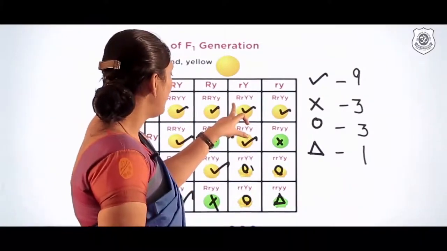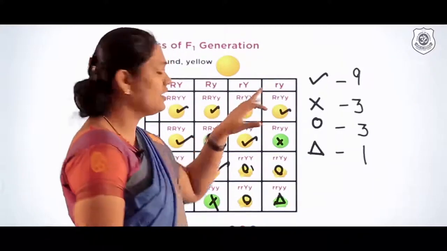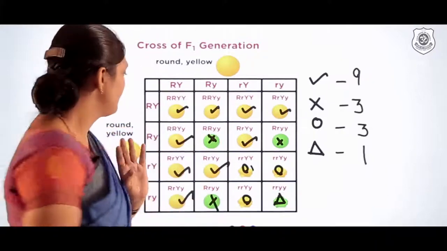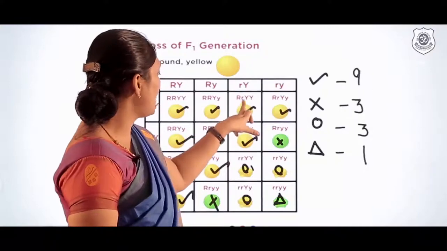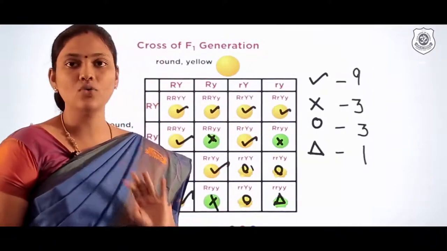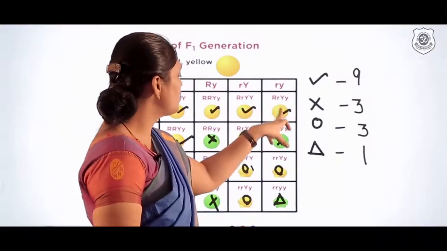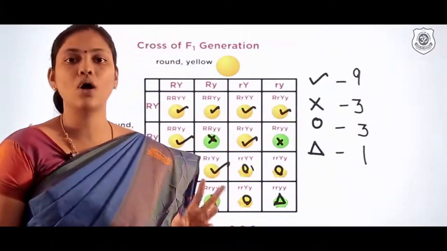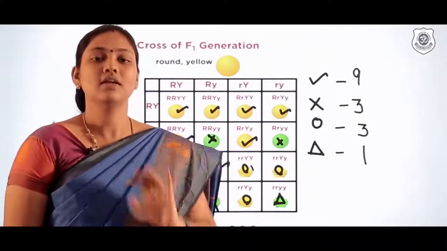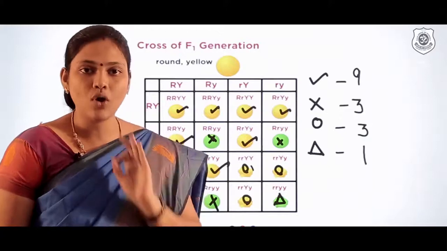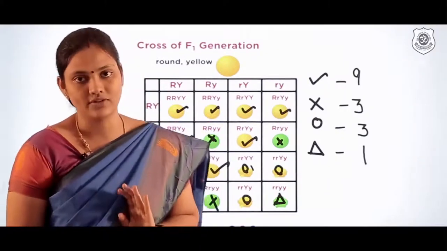Capital R, small r, capital Y will also code for round yellow. Capital R, small r, capital Y, small y will also code for round yellow. What do all these things denote, children? The presence of even one dominant gene will elicit the expression of only the dominant character.